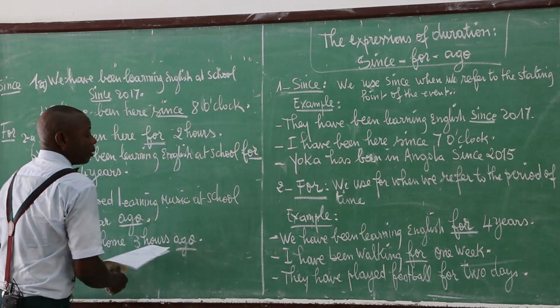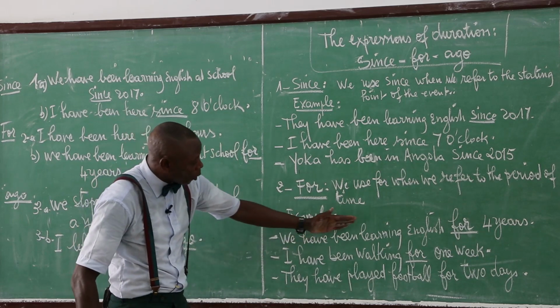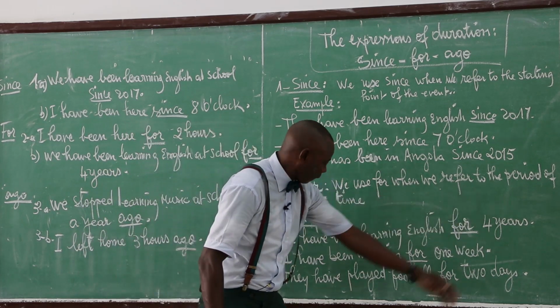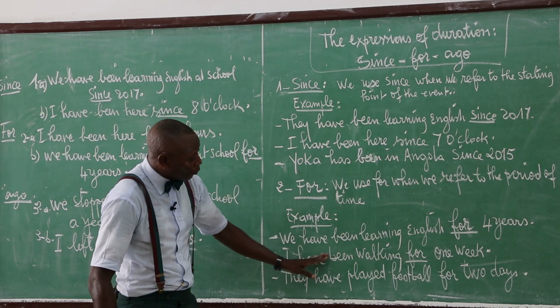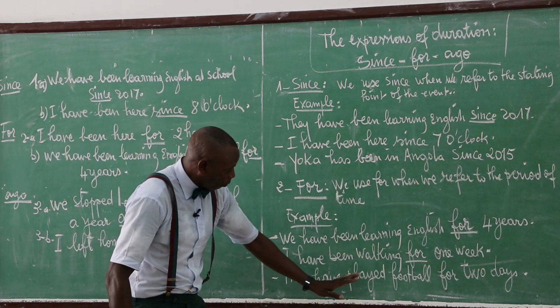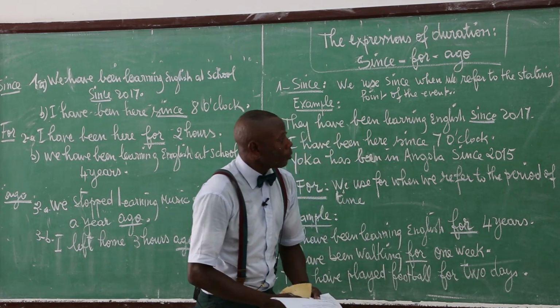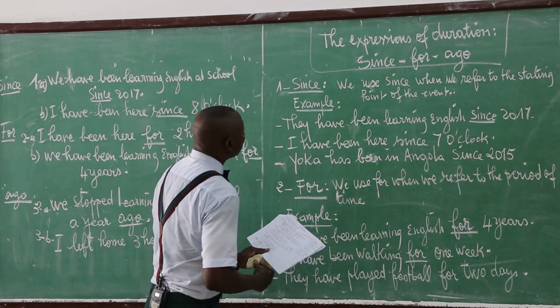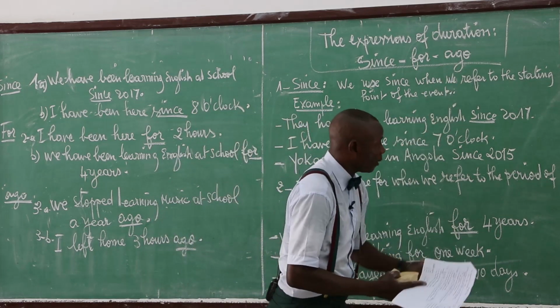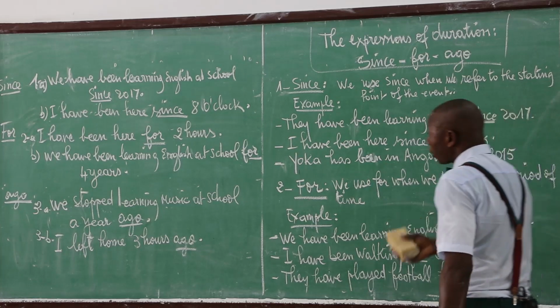Good. We have 3 example sentences. We have been learning English for 4 years. I have been working for 1 week. They have played football for 2 days. So let's shift to ago, the last one. Let's wrap here.